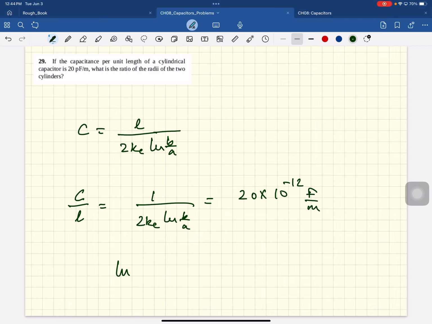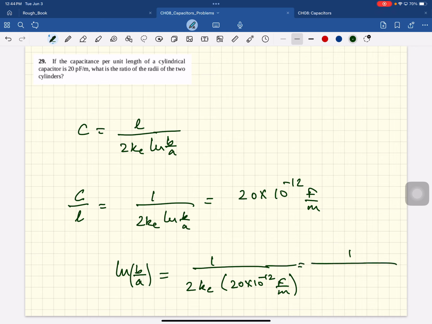So log B over A equal to 1 over 2 K times the capacitance per length. K is 9 times 10 to the 9.